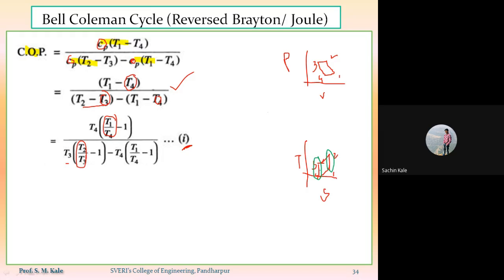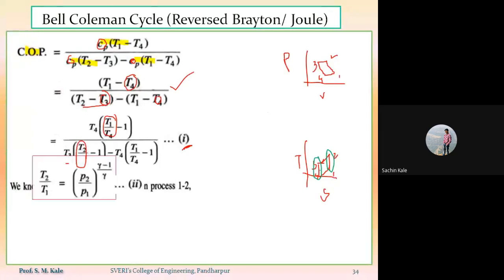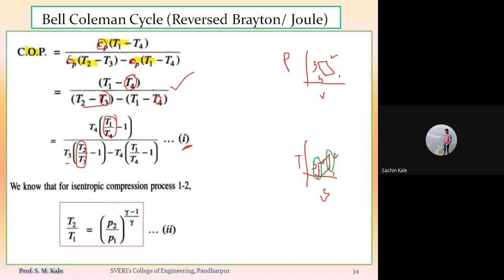For isentropic processes we know the conversion of pressure into volume and pressure into temperature. So as process 1 to 2 is an isentropic compression process, I can convert the temperature into pressure, and I can convert the temperature into volume.